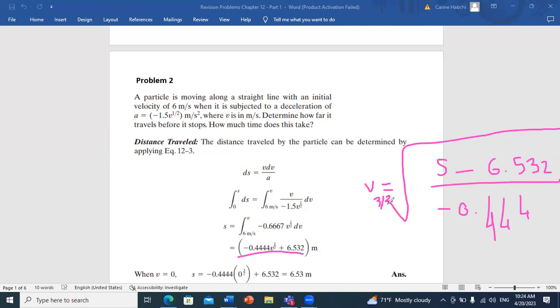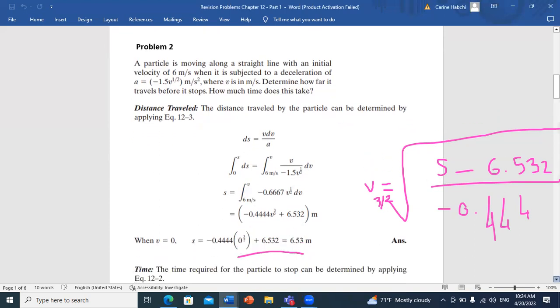Okay, so in this way, I can get v function of s, and when I replace in the differential equation, I can do separation of variables.